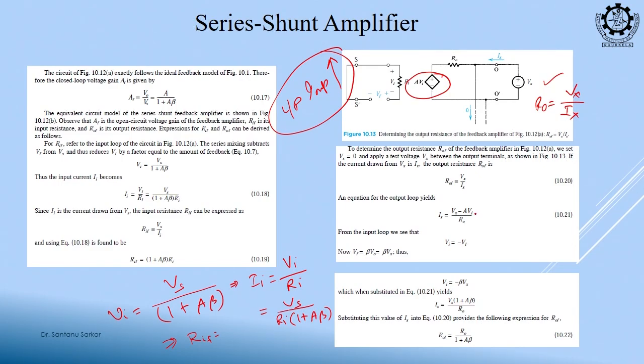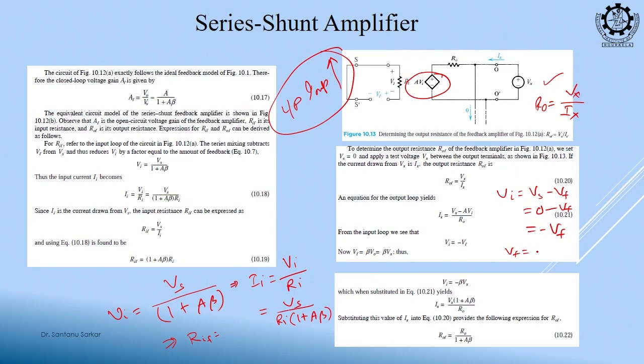And this Vi, now there is no Vs. Previously Vi was Vs minus Vf, now Vs is 0, so it becomes minus Vf. We will put that in this equation, and what is Vf?